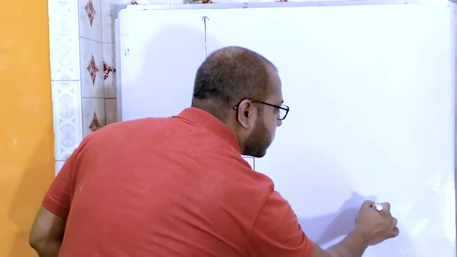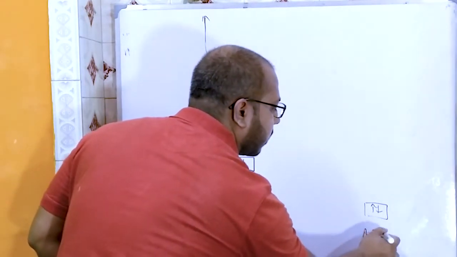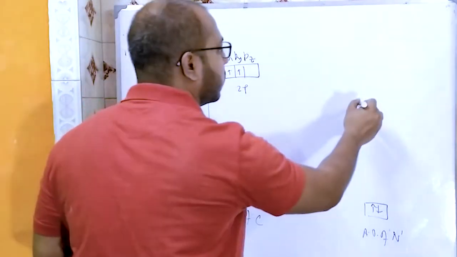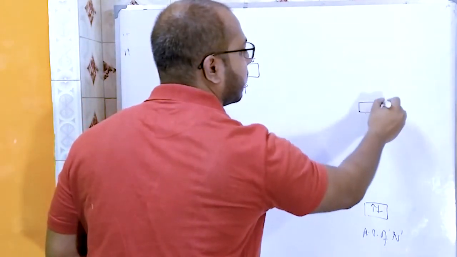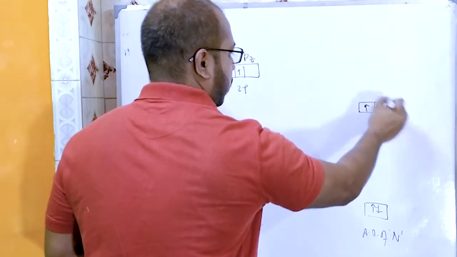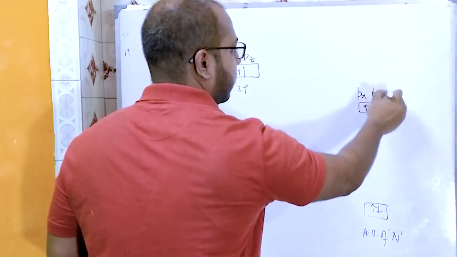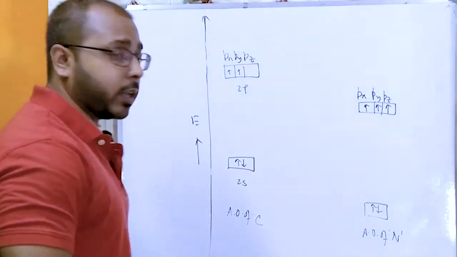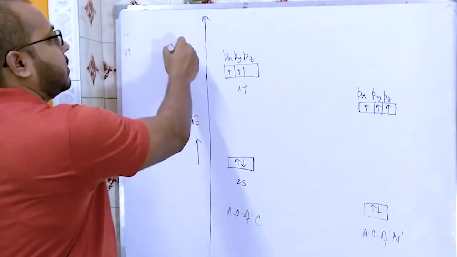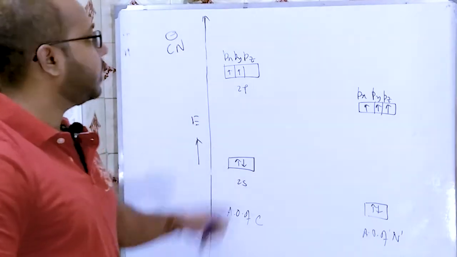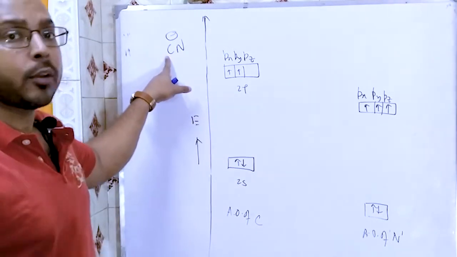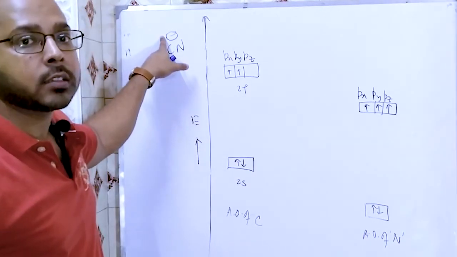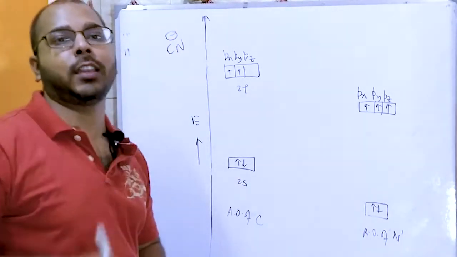and this is 2s of किसका है? नाइट्रोजन का है, 2p, 2p3. Okay, so again CN minus, that means nitrogen is 7, carbon is 6, 7 plus 6, 13, 1 minus, so total electron is 14.